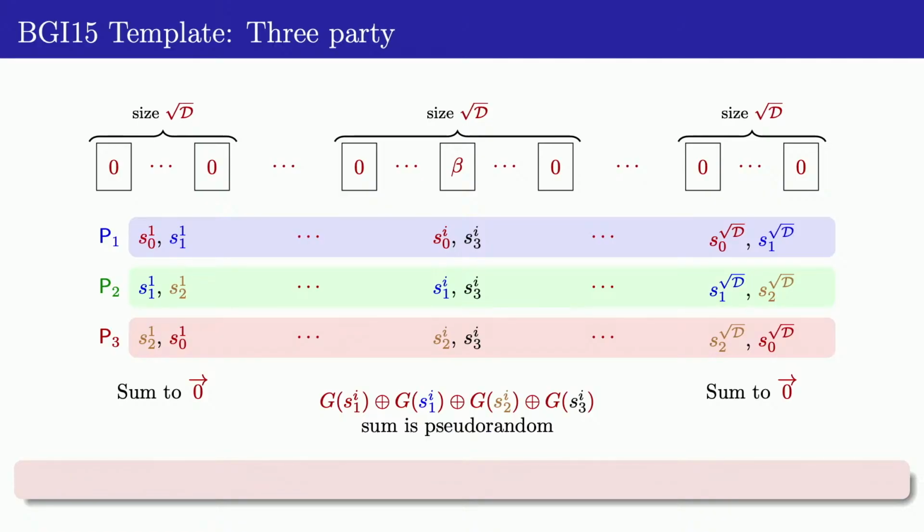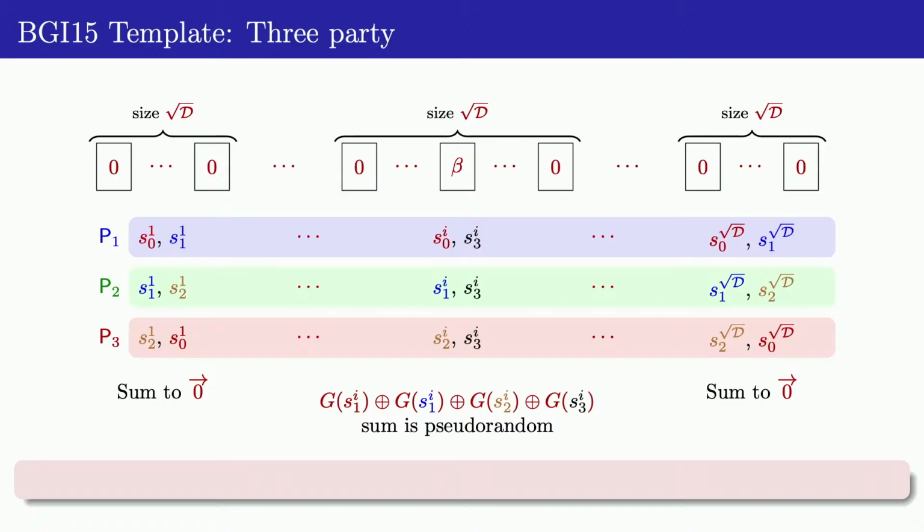For example, if you corrupt P1 and P2, because S2 is a seed that is only sent to party P3, this is a dedicated seed to P3, this string is pseudo-random because there's a contribution from S2. Right? Of course, I didn't put the correction string on the slide, but you also need to apply the correction string to get the evaluation of the special chunk to be the indicator vector. But the pseudo-randomness guarantees that the correction string will not leak any information.